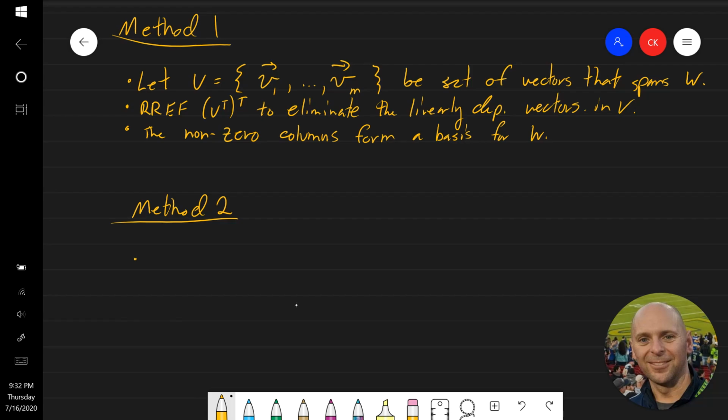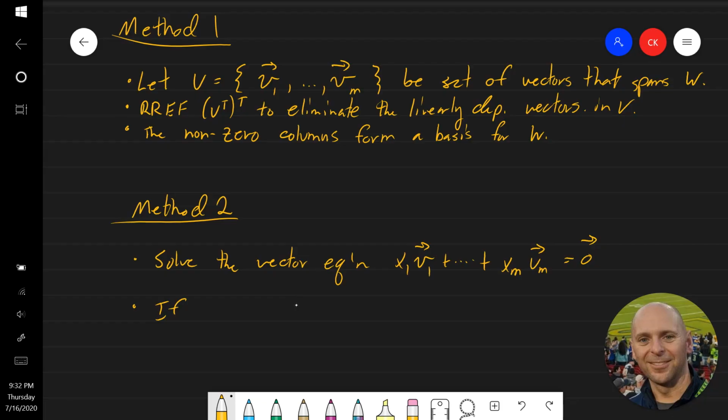So here what we do is solve the vector equation x1 v1 plus dot dot dot plus xm vm equals 0, so the homogeneous system.